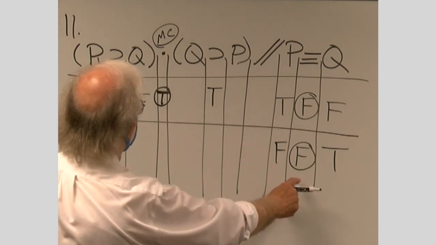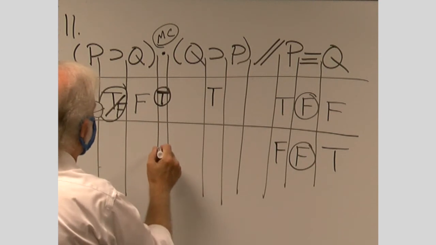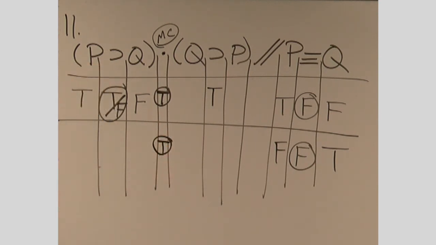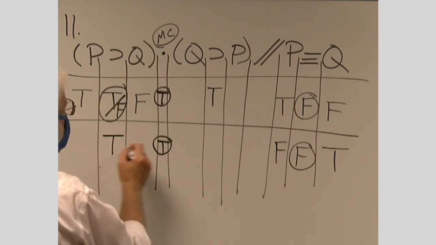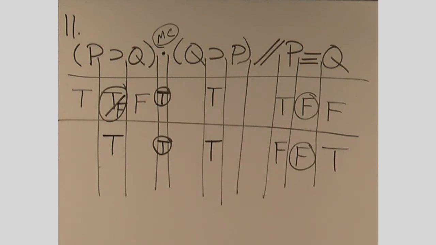Okay, now let's try the same idea here on the second line. The main connective is the dot. Let's go ahead and make it true. Thinking backwards, reasoning backwards. If that dot is true, that means both of the horseshoes have to be true. That's going to help.